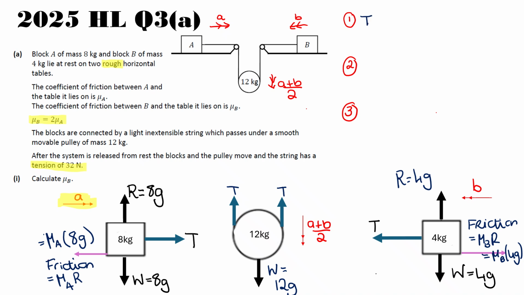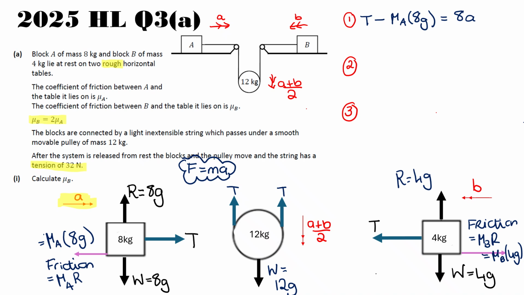We're going to have tension, take away the friction, which is mu A times 8g, and that is equal to ma. So we're using F equals ma. So the force, the resultant force is mass times acceleration. So 8a.